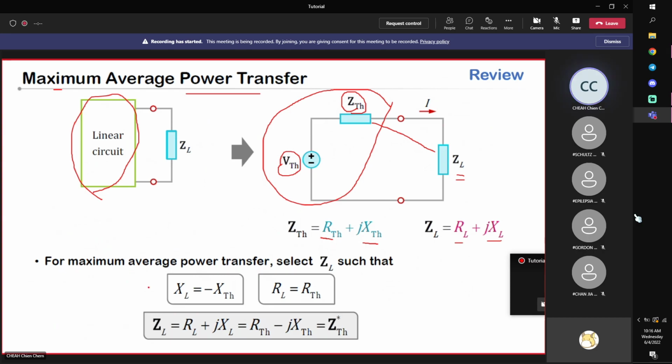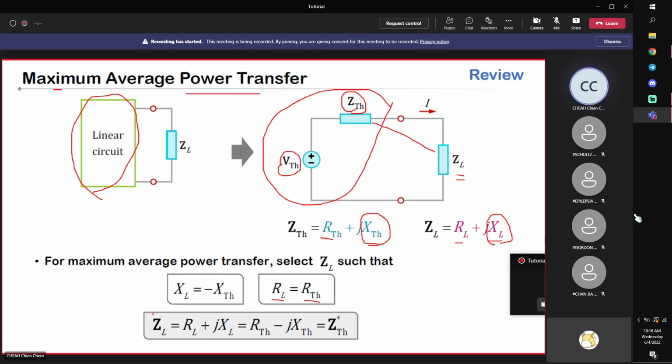The matching conditions now become: the load reactance XL must be equal to the negative of XTH, the Thevenin's equivalent reactance. Well, for the real part, it is actually the same.